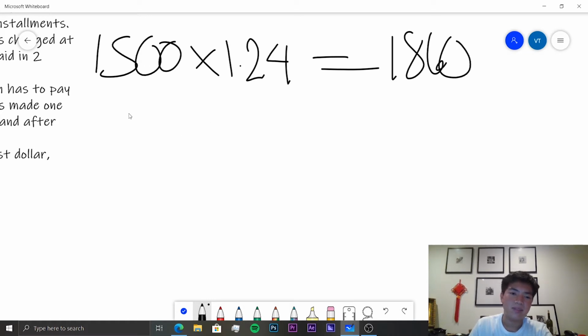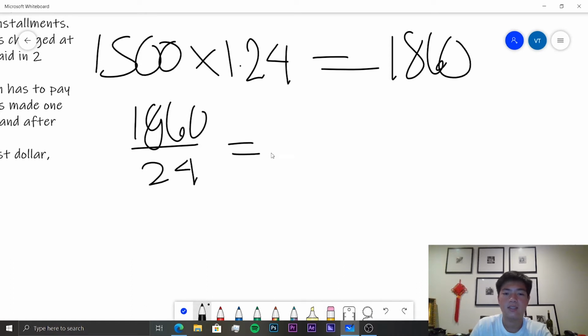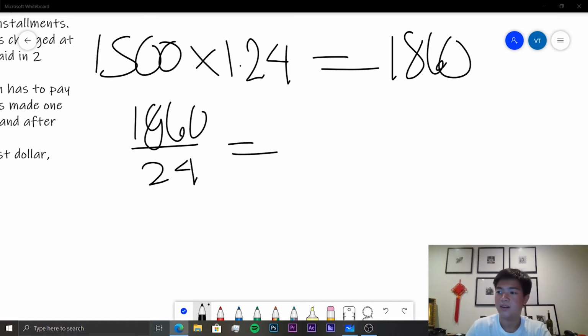And we simply divide that by the 24 months and get 77.5.